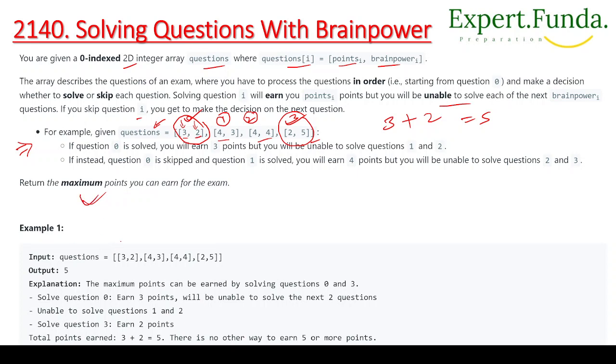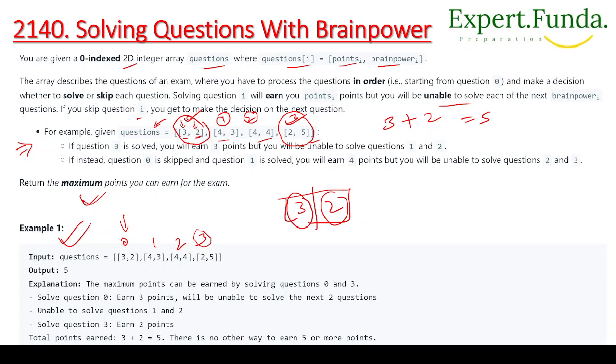So let's understand this one again. This is the example we have been given. Here the indexes of the questions are 0, 1, 2 and 3. If the user is going to solve this question, at index 0 we have 3 and 2. This is the point, and this is the number of questions he has to skip. The maximum points he can earn is by solving question 0 or 3.